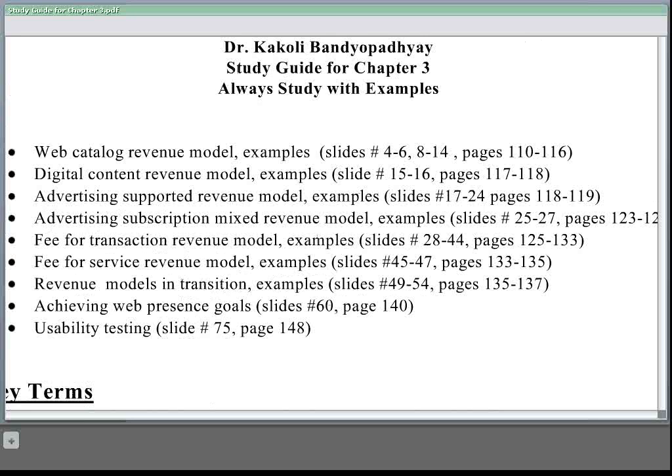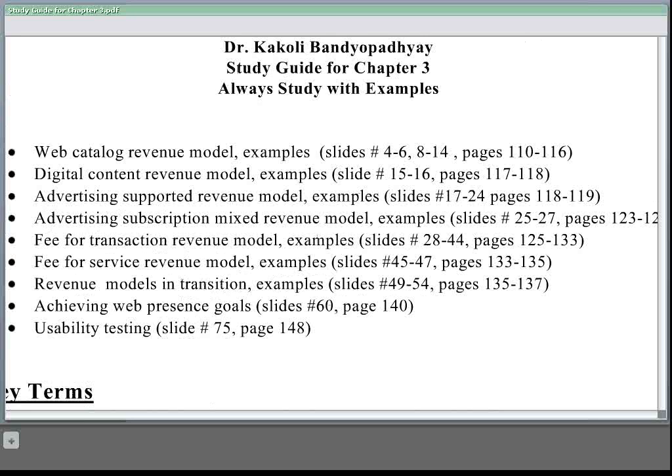A revenue model basically is a combination of strategy and technology that a business or a company will use to generate cash flow into the business from customers. They need to have a cash flow from the customers to the business, and this is a combination of business strategies and technologies that a company would use.